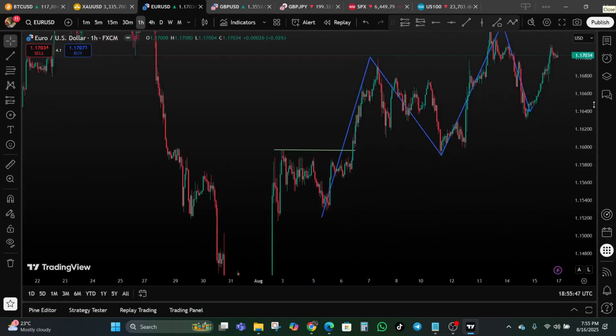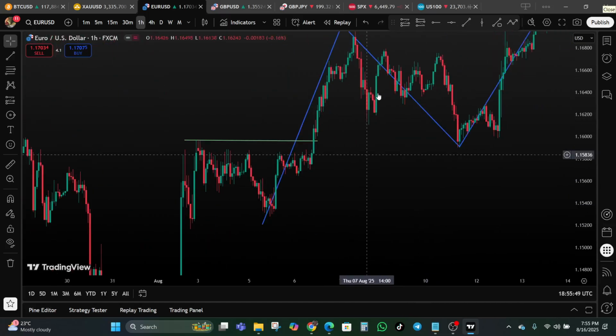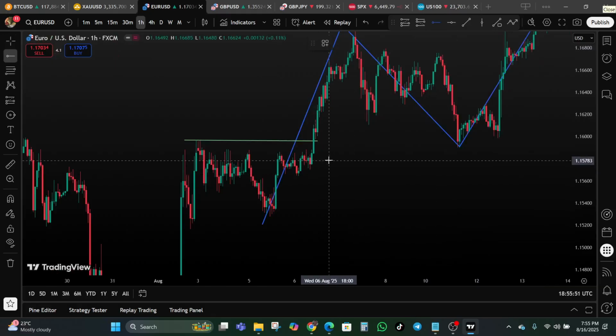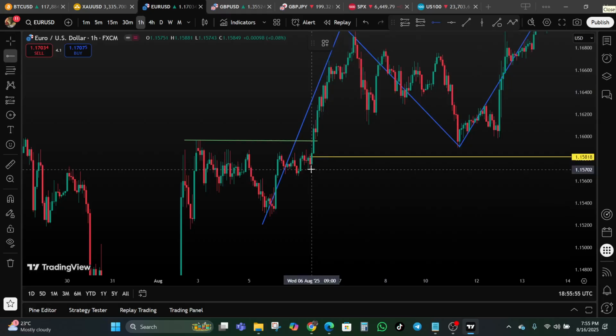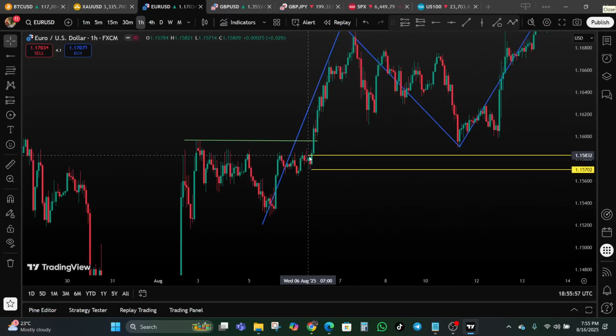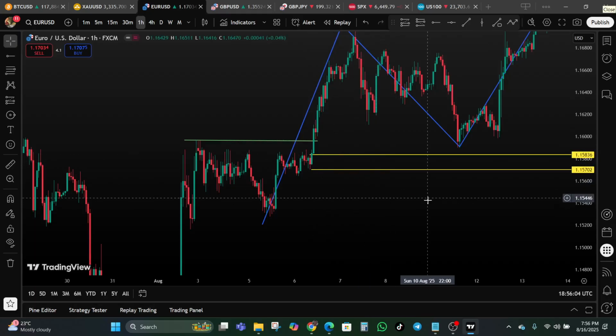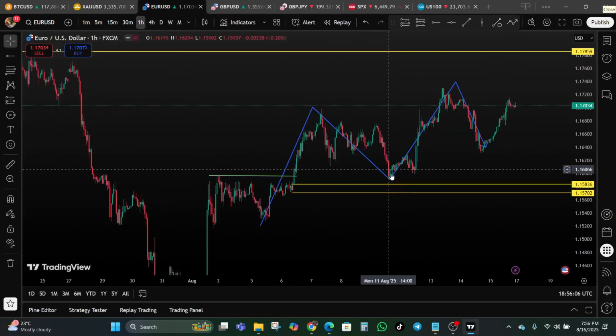So you're going to be looking for the last bearish candle before that break of structure. So that last bearish candle before that break of structure is now going to be your bullish order block. So you'll be looking out for price coming towards that zone to retest that zone. Okay, so in that case, you can see that price actually got really close to this. All right, so this is going to be our bullish order block.